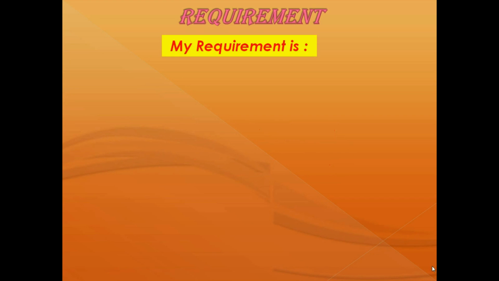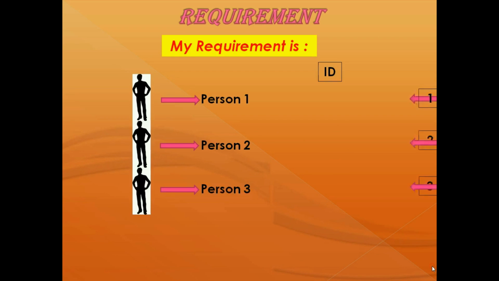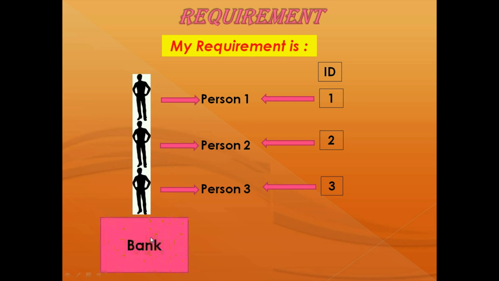My requirement is that I want to assign a unique ID to every person so that I can keep track of the number of persons entering the bank. Each successive person entering the bank should have a unique ID number like 1, 2, 3 and so on. So here I am considering this case as a simple example.